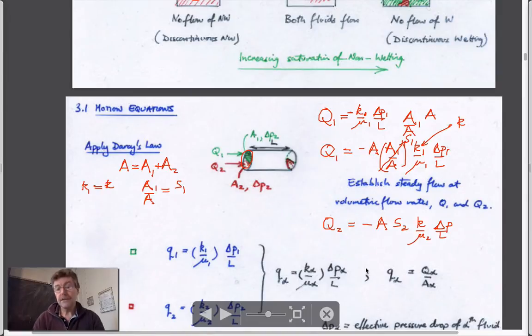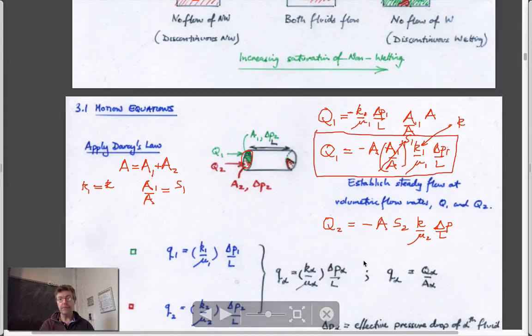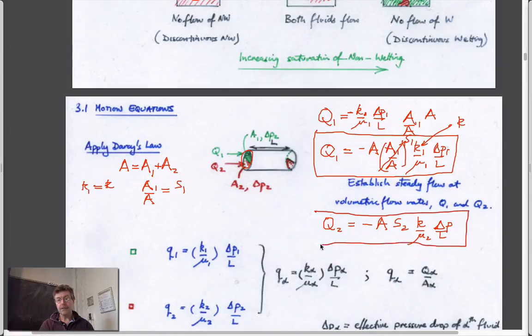And so what we've done is be able to write an expression to be able to describe this behavior. This is Darcy's law. And so we've written it now in 3 forms. 2 forms, I suppose. No, actually 3. This is form 1. This is form 2. And I suppose what we could do is we could write it as form 3, for the total value Q, which is equal to the sum of those 2 components, 1 plus 2.